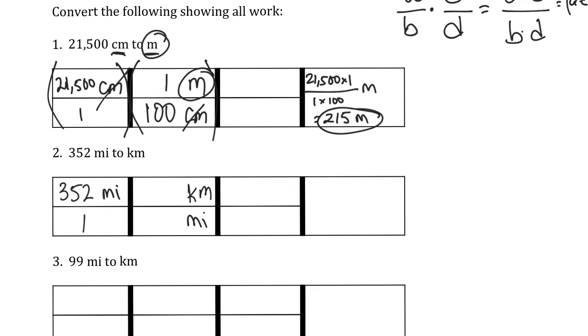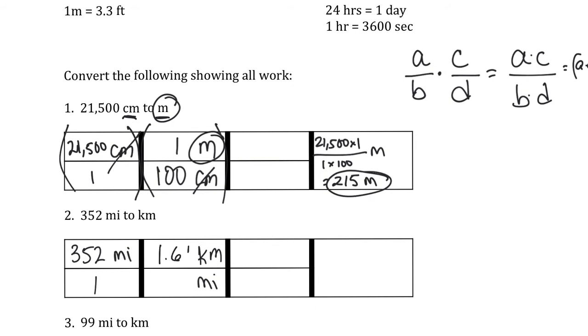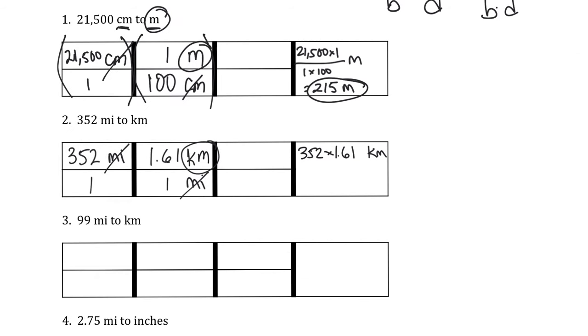And then my miles to kilometers, my 1.61 is next to my kilometers, and the 1 is next to the miles. So we're ready to go. And we just put that 352 times 1.61 kilometers in our calculator. And we get 560, we can just round, 567 kilometers.